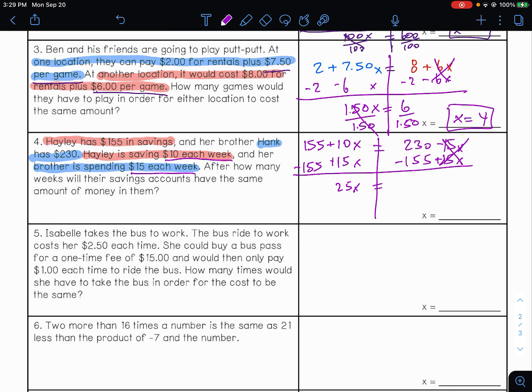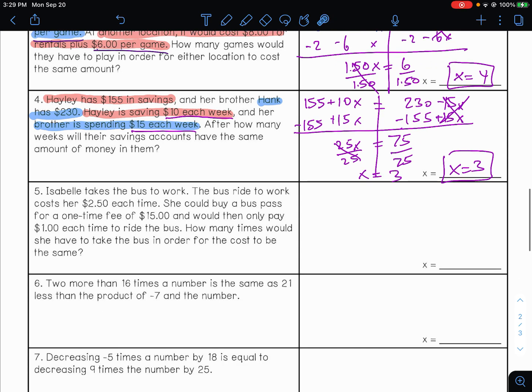That is 75. Divide by 25. x equals 3. There it is. After 3 weeks, they will have the same amount of money. And then he's going to keep losing more, and she's going to keep gaining more. Let's do the next one.